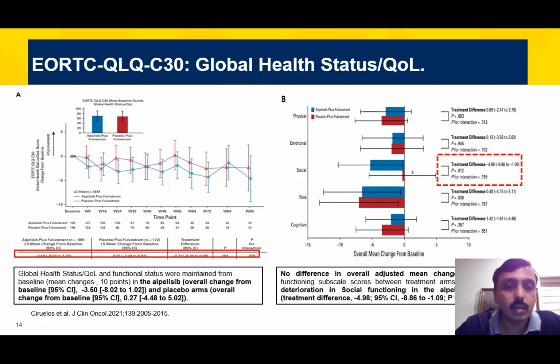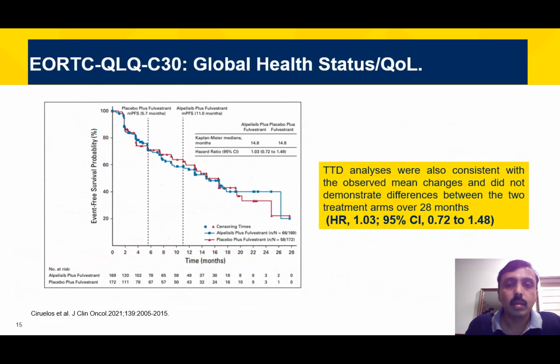So over weeks, from week 0 to week 56, the quality of life was maintained. And again, the various aspects, as I told before, the physical and emotional were maintained, while the social aspect was impaired in the alpelisib arm. We will come later to why this was affected in the alpelisib group. Otherwise, in the other subsets, there was an improvement. So this is about the global health status.